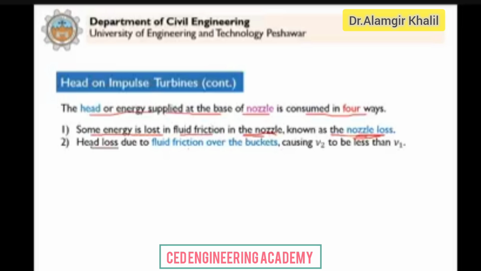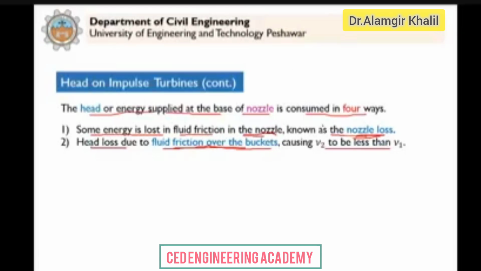The second head loss is due to the friction of the fluid as it flows over the buckets. As the water flows over the buckets, there will be friction, as we already studied in momentum and forces in fluid flow. Some of the energy will be lost there. That's why the outlet relative velocity, small v, is used for relative velocity.